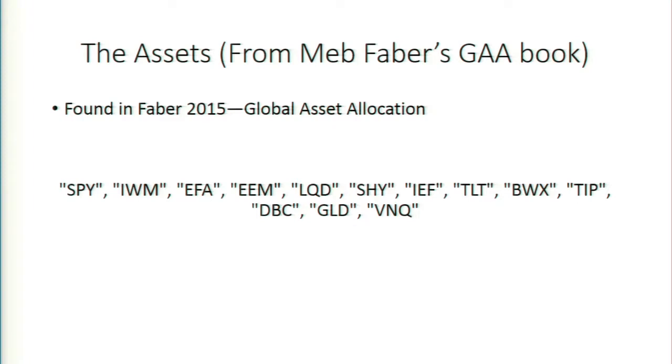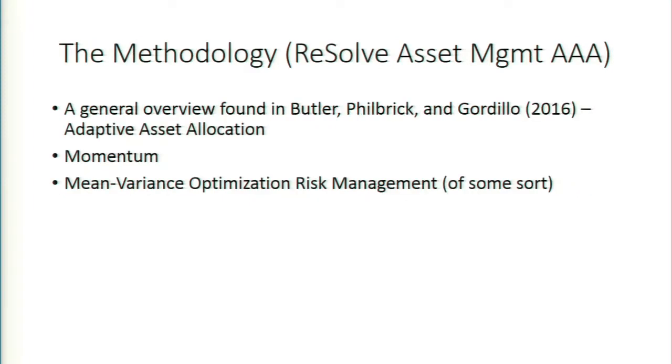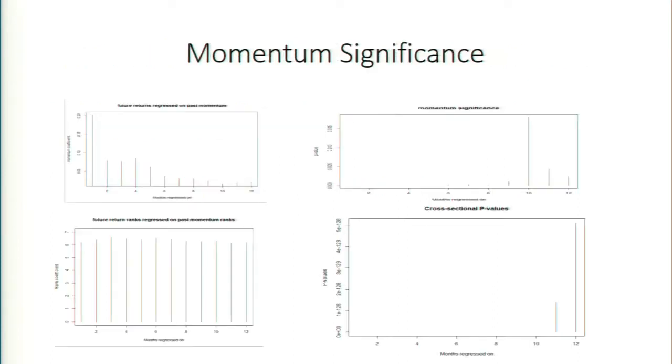So there's the list of ETFs. And the methodology you can find in Resolve Asset Management's Adaptive Asset Allocation book. And essentially, in a nutshell, it's some combination of momentum with risk management. So they advocate some sort of mean variance optimization, and I'll present several risk management methodologies.